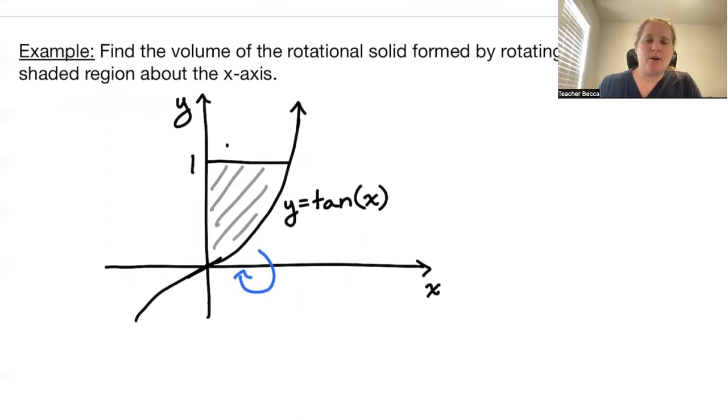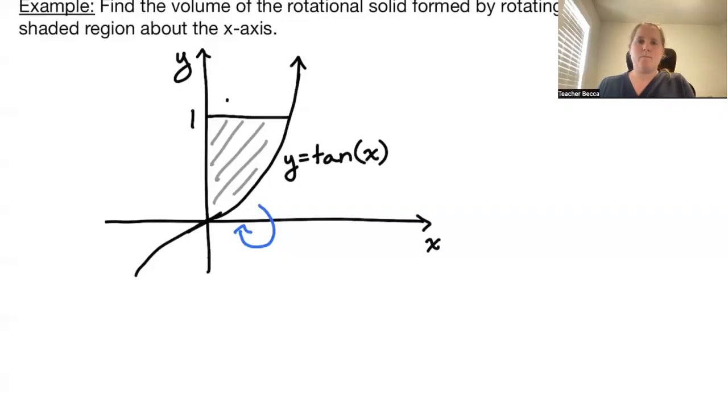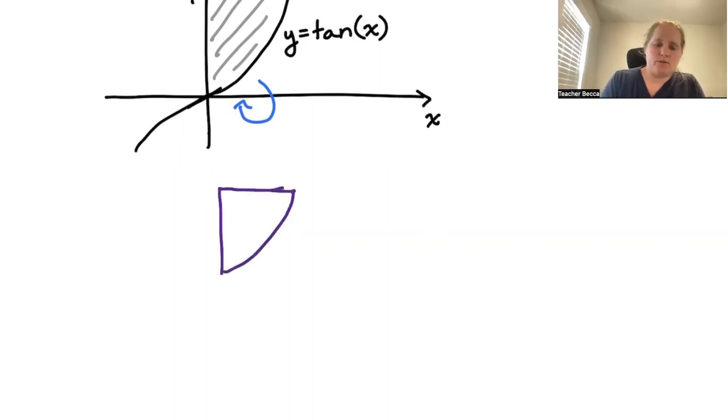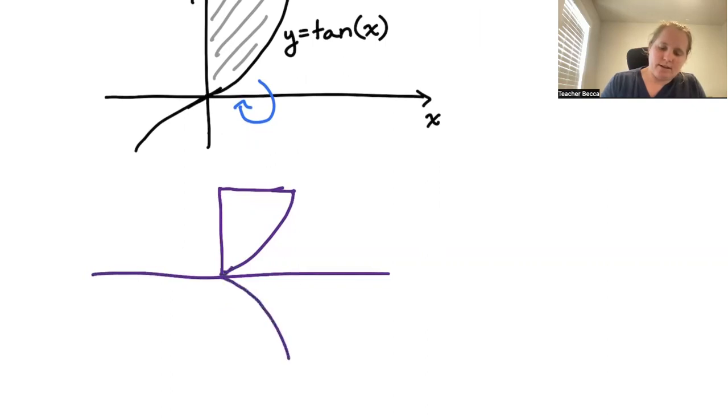If we rotate about the x-axis, we can draw its mirror image across the x-axis, below the x-axis.